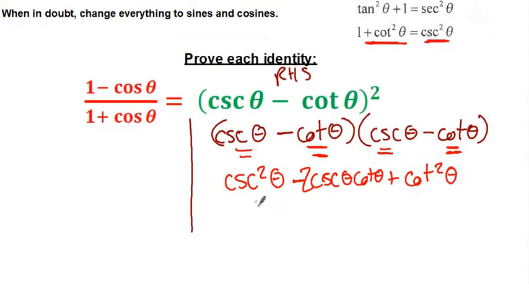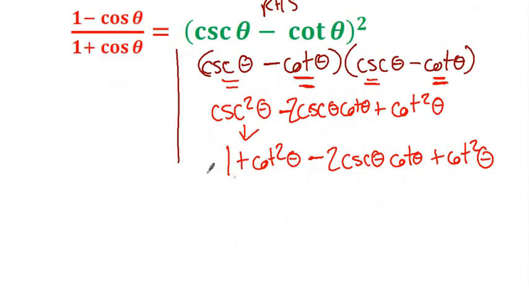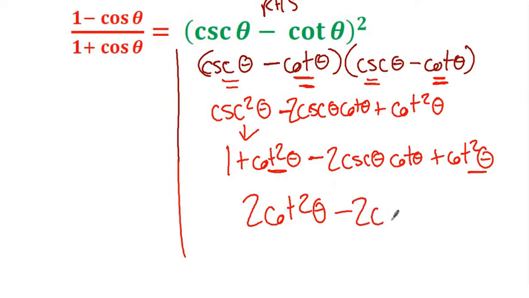We will replace cosecant squared with 1 plus cotangent squared, and we still have minus 2 cosecant cotangent, and then we have plus cotangent squared. Now if we combine this a little bit further, we would have cotangent squared plus cotangent squared is 2 cotangent squared, and then we have minus 2 cosecant cotangent, and then finally we have this plus 1.